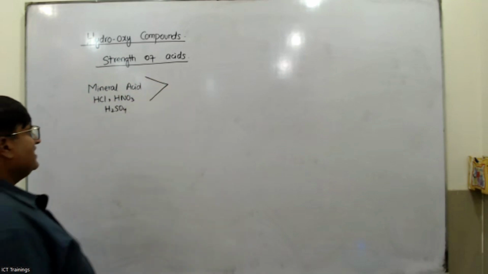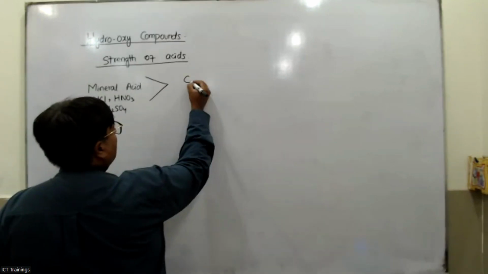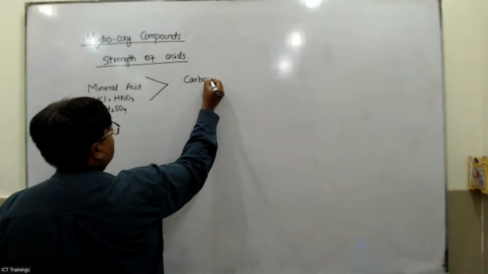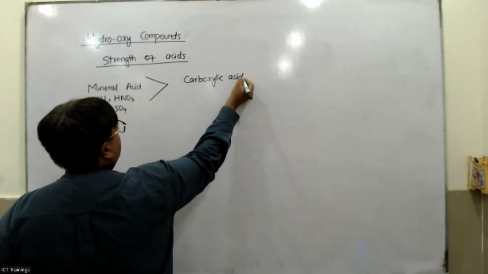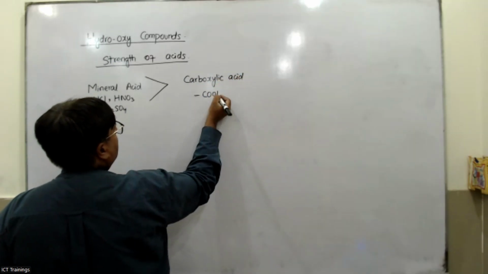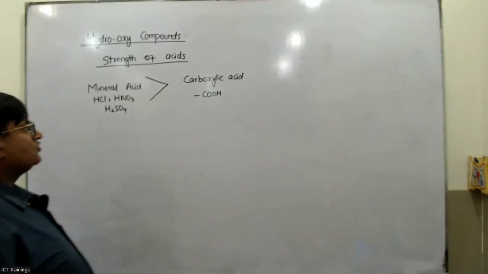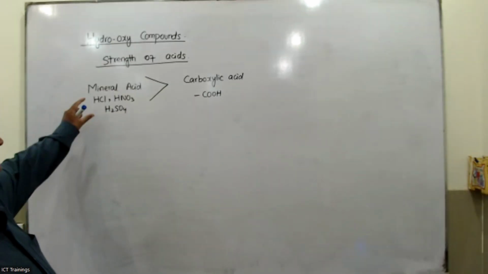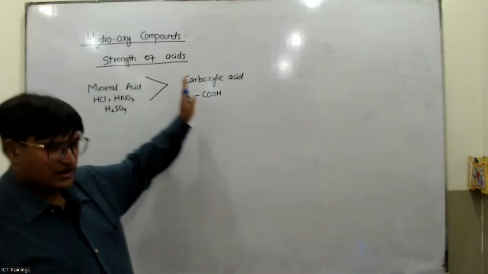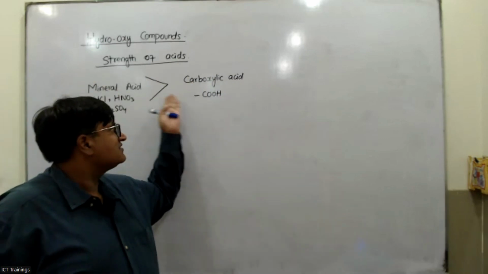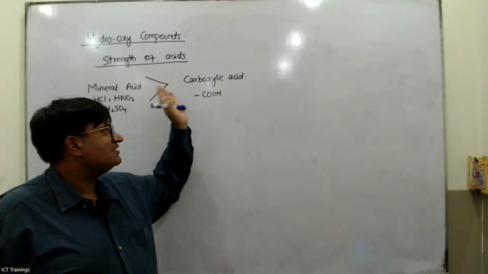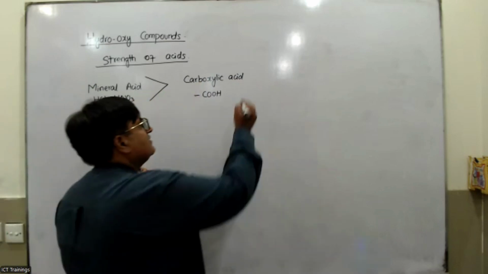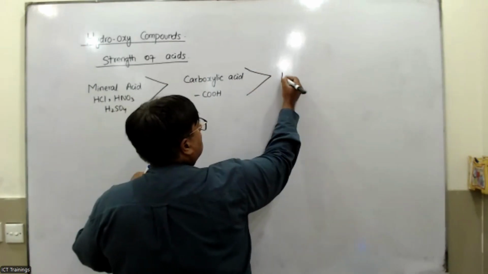And then the second thing is the carboxylic acid. You know that carboxylic acid contains COOH. So the first strong acid is mineral acid, then carboxylic acid, which is a little bit weaker than the mineral acid. And then you have phenol.